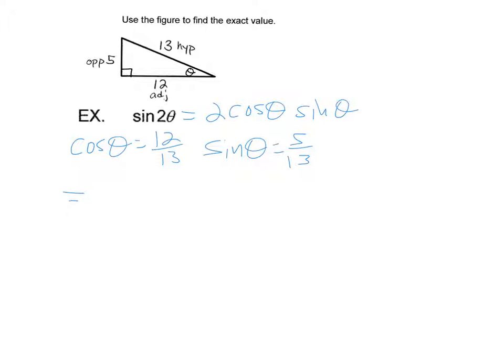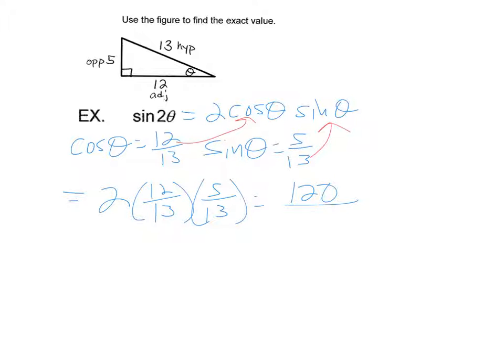So filling in the formula, we have 2 times 12 thirteenths times 5 thirteenths, which is 120 over 169.